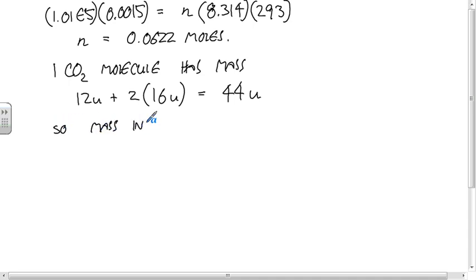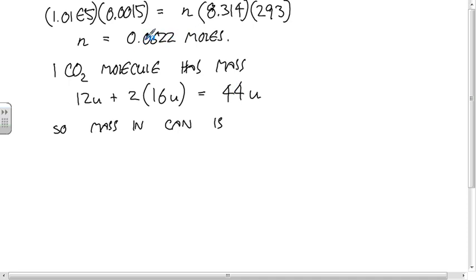So the mass in the can is, now what I'm going to use is the fact that 1 mole of CO2 gas has a mass of 44 grams. We have 0.0622 moles.